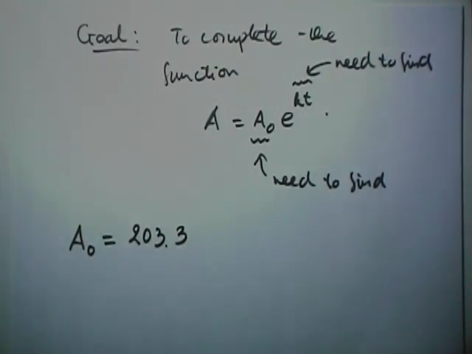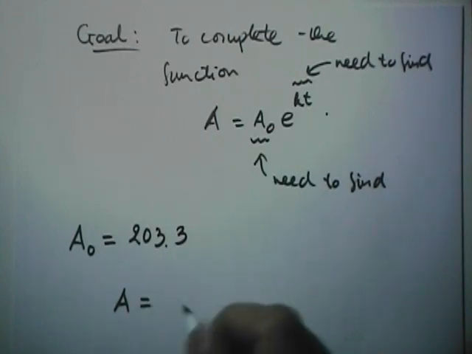For the reason being, in the way the problem is stated, 1970 is the initial point, the starting point of the problem. And at that time, we do know that population was 203.3 million. So this is going to be our initial population.